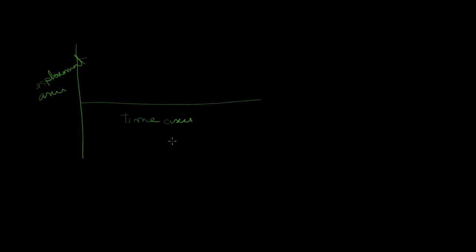Now let us draw a wave. It can be longitudinal, it can be transverse, because as I said before, for both the longitudinal wave and the transverse wave, the displacement time graph is going to be the same, a periodic sinusoidal graph. Oops, I forgot to use a different color. Anyways, never mind.